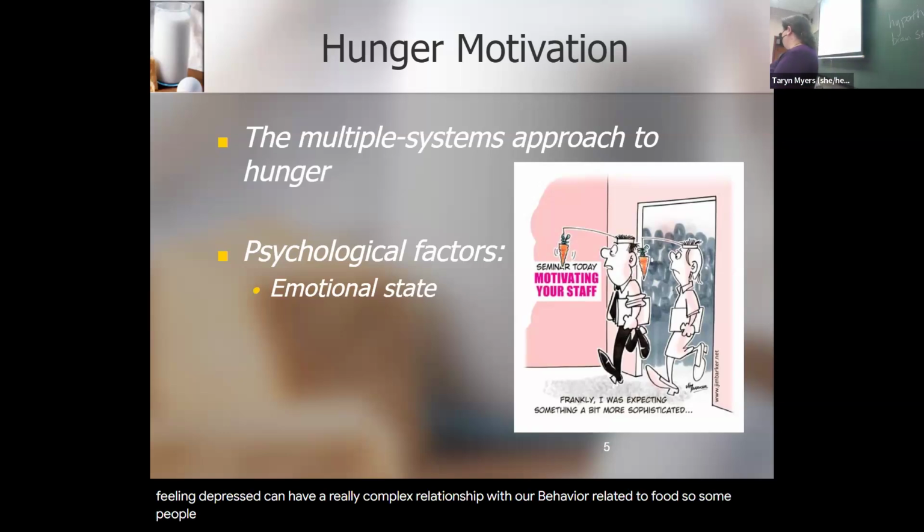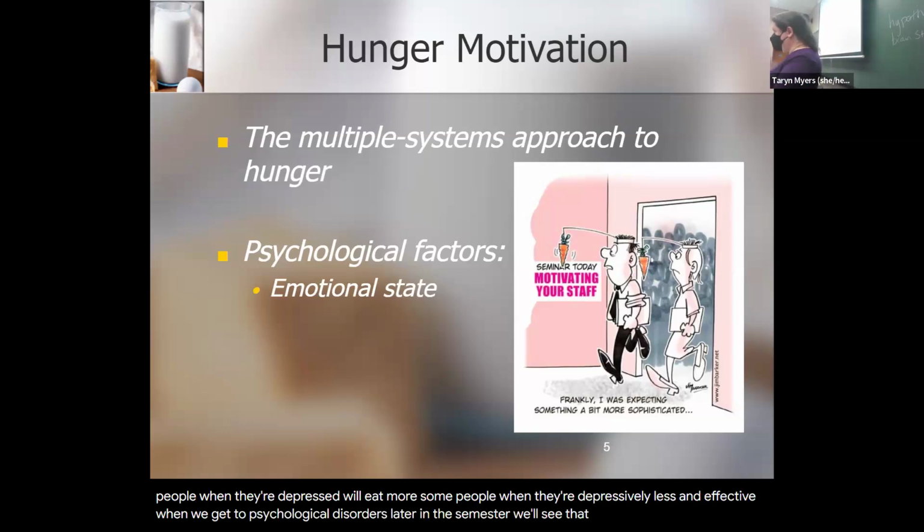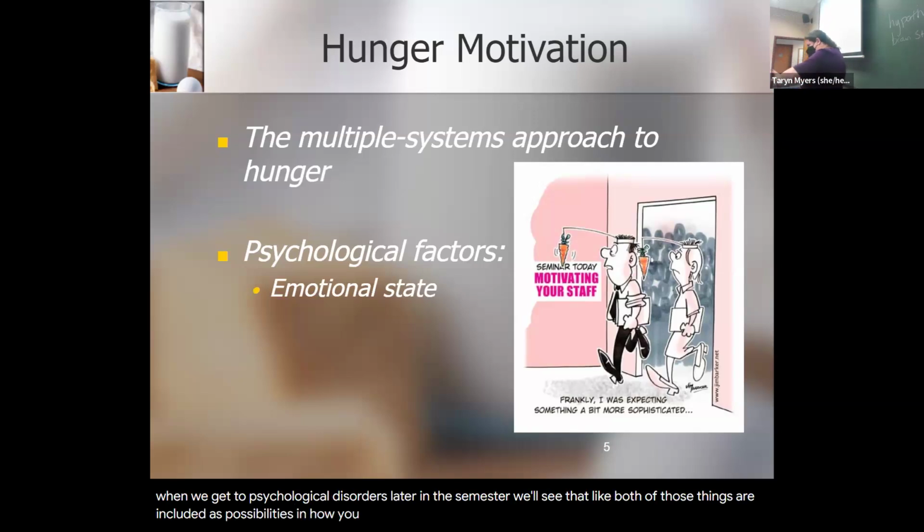So some people, when they're depressed, will eat more. Some people, when they're depressed, will eat less. And in fact, when we get to psychological disorders later in the semester, we'll see that both of those things are included as possibilities in how you diagnose someone with depression.